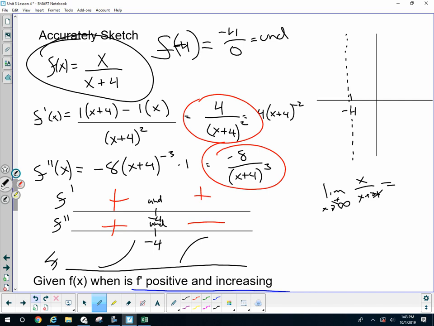Remembering how we can just cross out the 4, it's going to be insignificant and just get 1, we can combine our knowledge from the previous units to say, I'm increasing concave up with a horizontal asymptote at 1. I'm increasing concave down with a horizontal asymptote at 1. And this would be the correct graph of x over x plus 4.